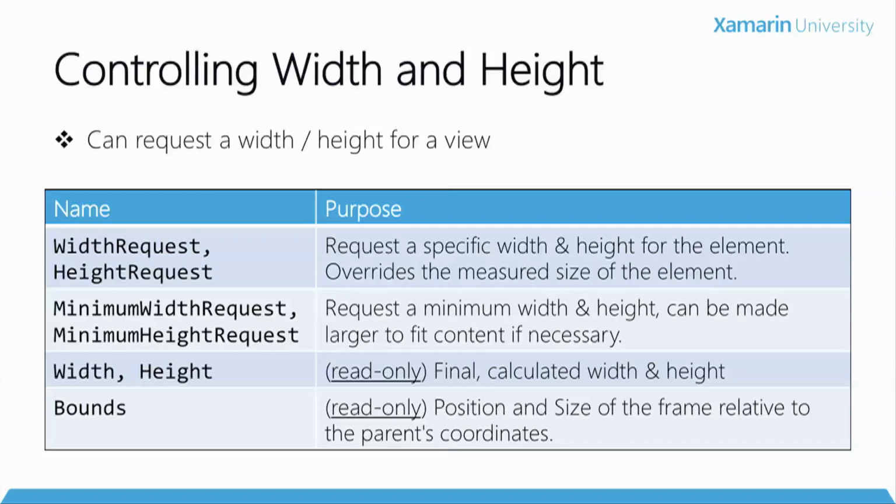If you want to influence the dimensions of a control, you can set the width request and the height request. So in your stack layout, for instance, you can say, I would like my control to be 200 units wide and 30 units high. And the layout tries to fulfill your request. However, there's no guarantee that that's going to happen. You can also specify a minimum width and height request. You can say, well, if the 200 times 30 doesn't work, then please give me at least 100 times 20 or something like that. And the layout containers try to respect these requests as far as possible.